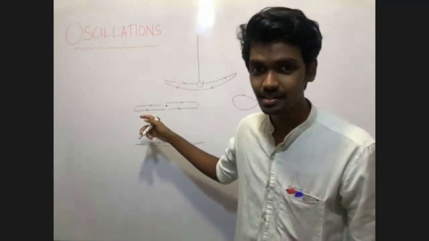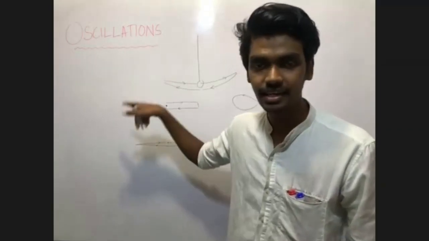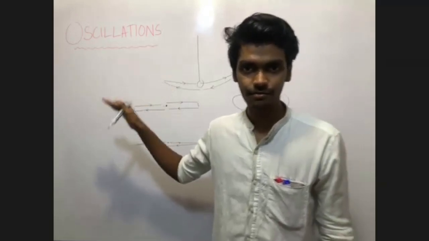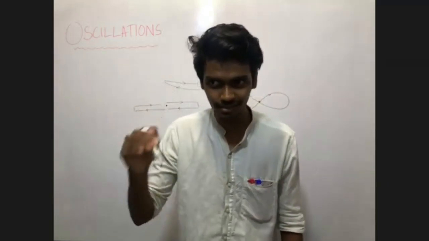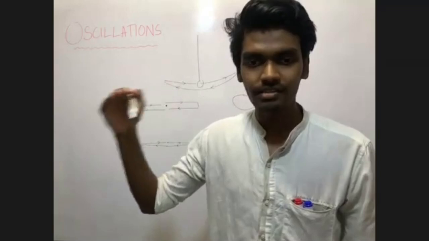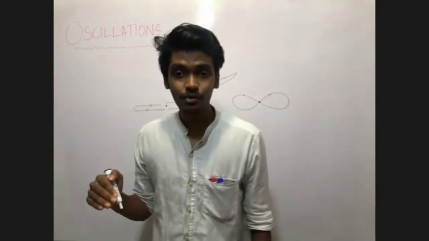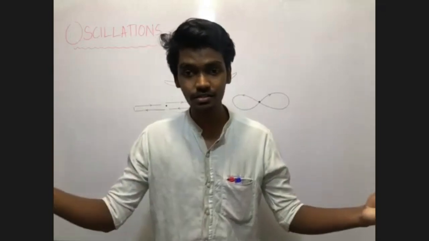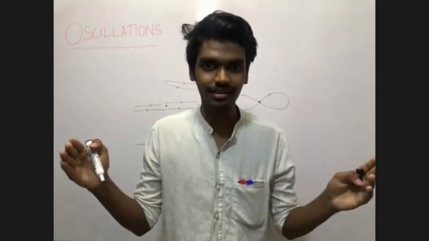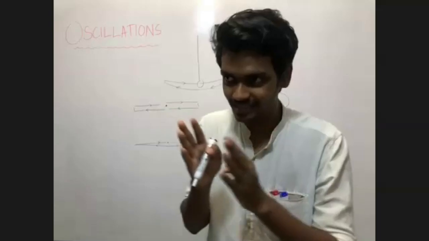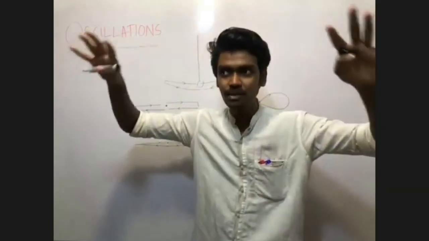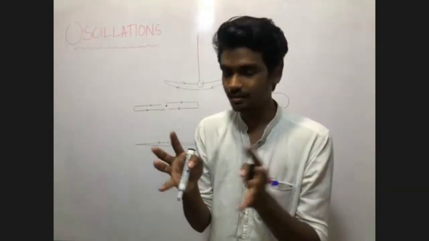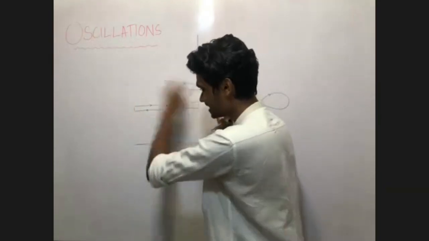But this is the general idea that I gave. It's not going to be the definition of simple harmonic motion. If a certain motion is to be a simple harmonic motion, there are certain conditions to satisfy, certain definitions. It's very complex, so I made all those complex things into a very simple form.